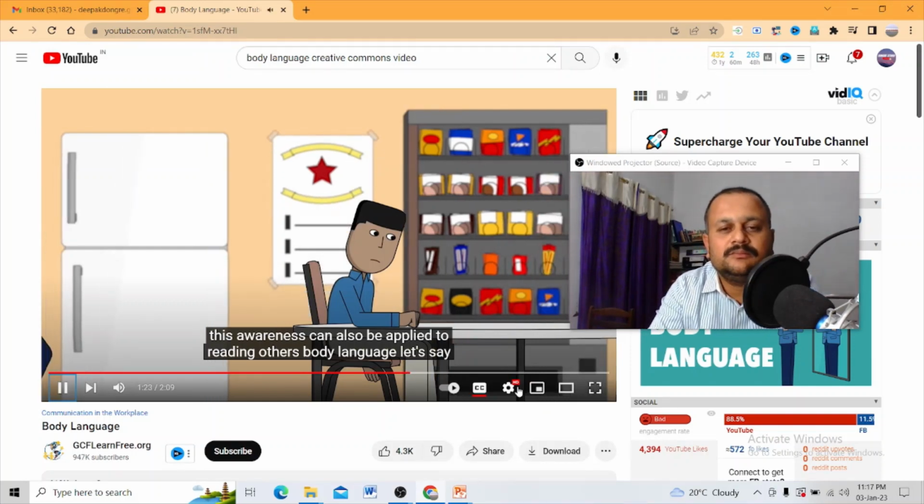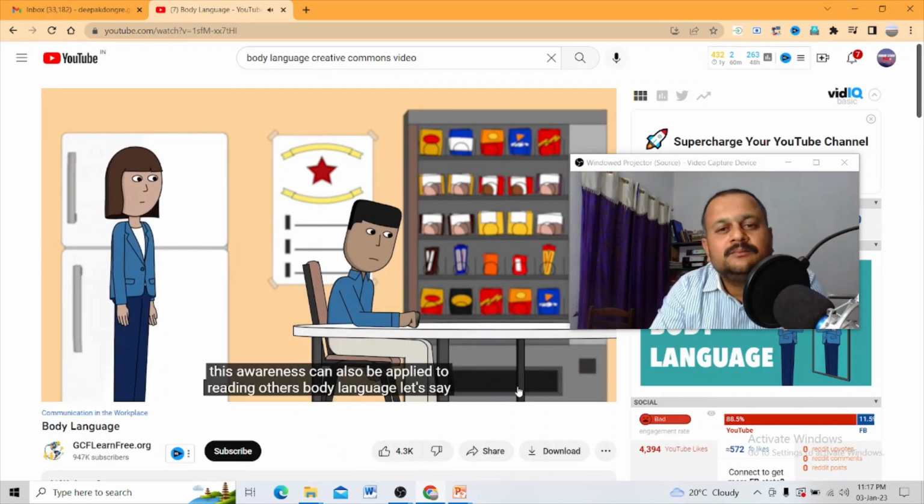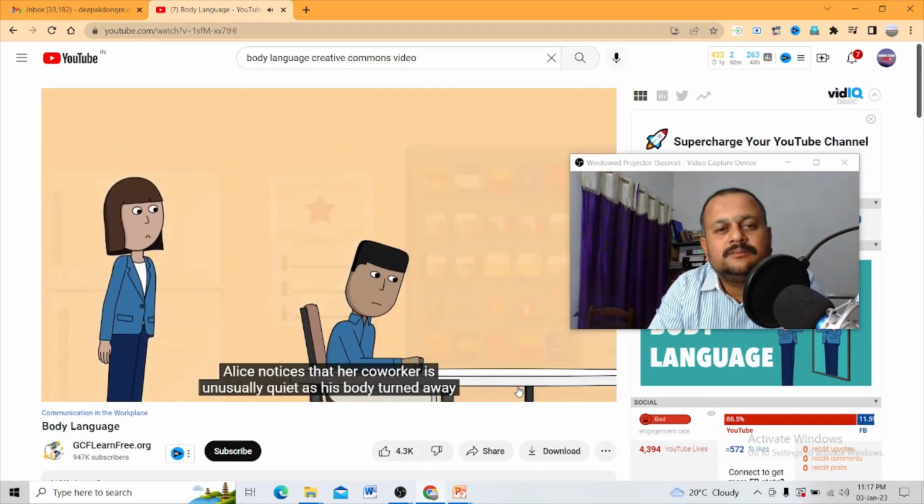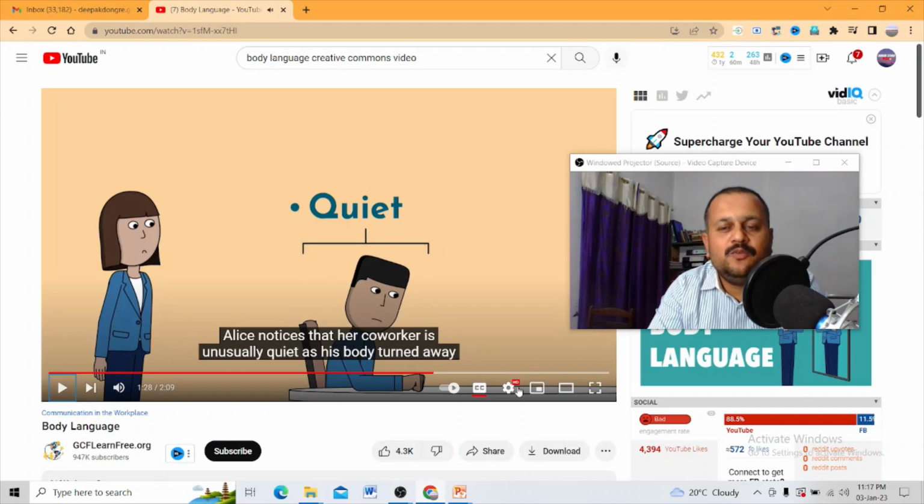This awareness can also be applied to reading others' body language. Let's say Alice notices that her coworker is... See, we are very good at finding faults with others. So by the completion of the explanation of the further slides, you will be a master of finding faults with others' body language.